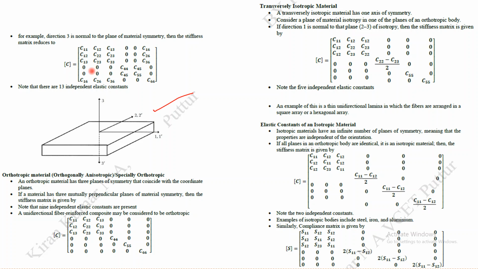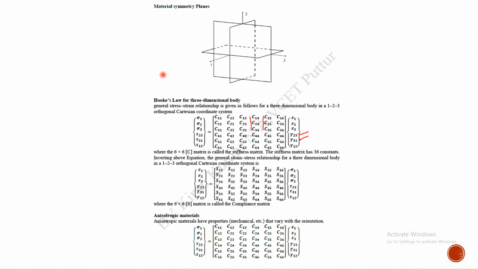the same terms will be eliminated from the lower diagonal values. In addition to that, we have C46 and C56, which are also multiplied to C64 and C65.